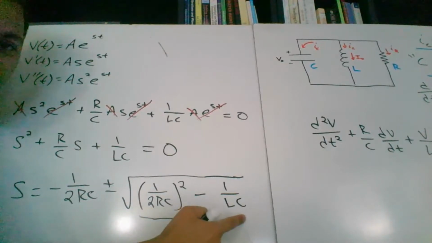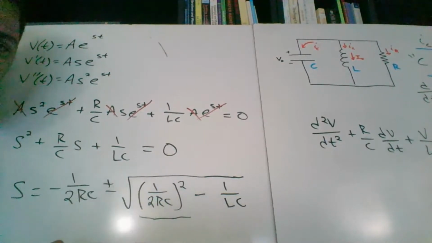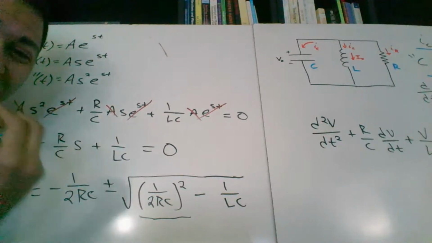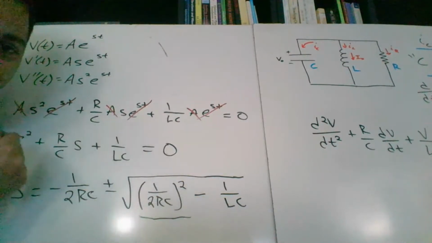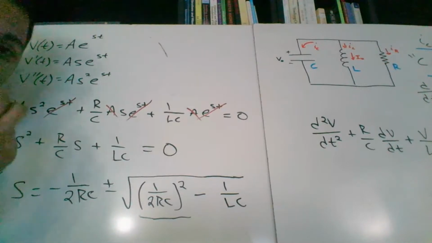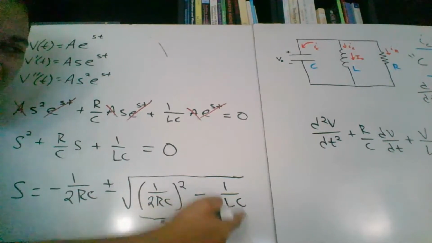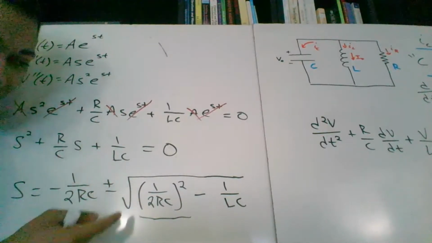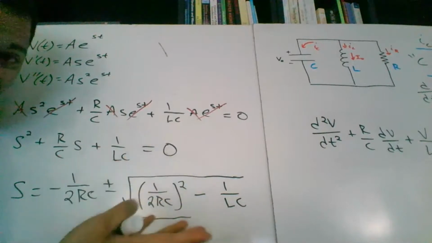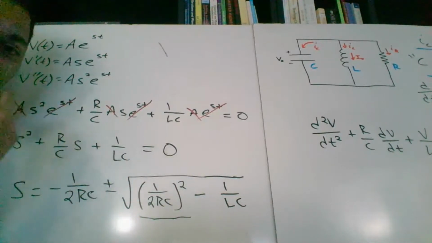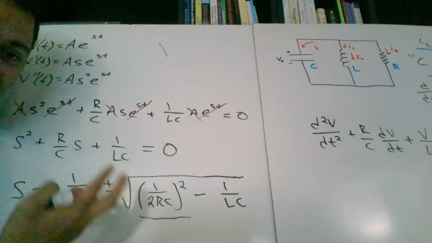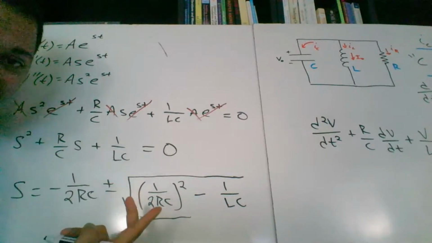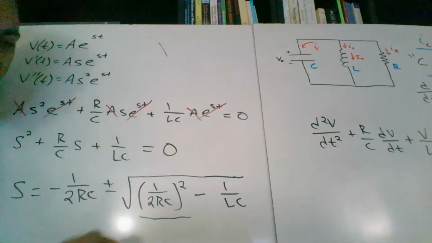But if this value right here is bigger than this value, you'll still get two solutions, but they're going to be imaginary because this is negative. And then the last situation would be when this value is equal to this value, in which case you would get a real solution because the square root of 0 is still 0, it's a number, which means that your two solutions are going to be exactly the same. Okay, you'll get identical solutions.